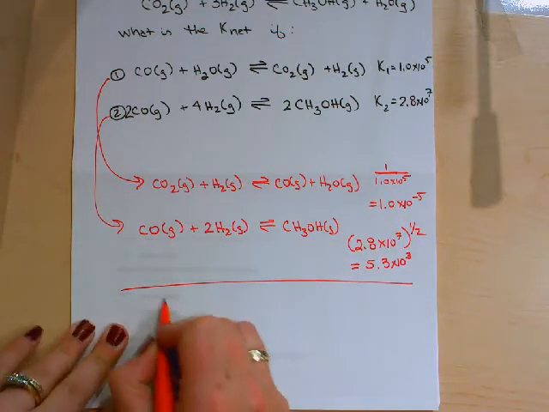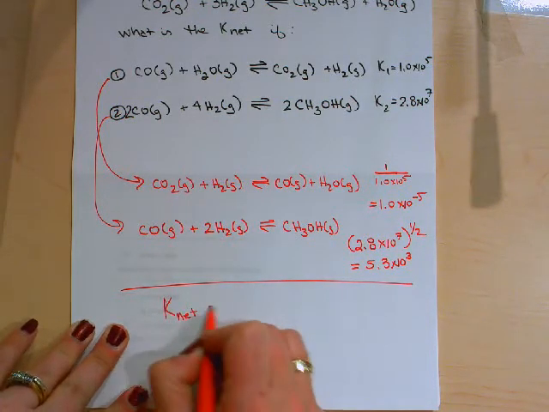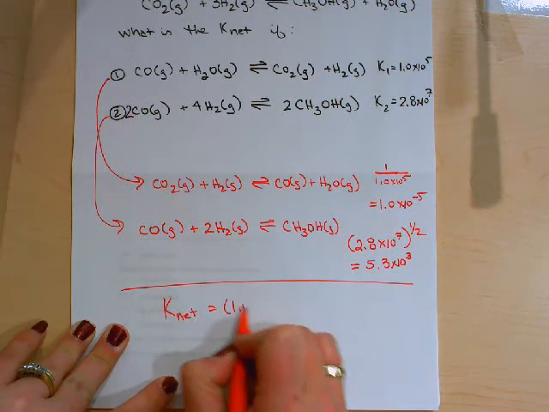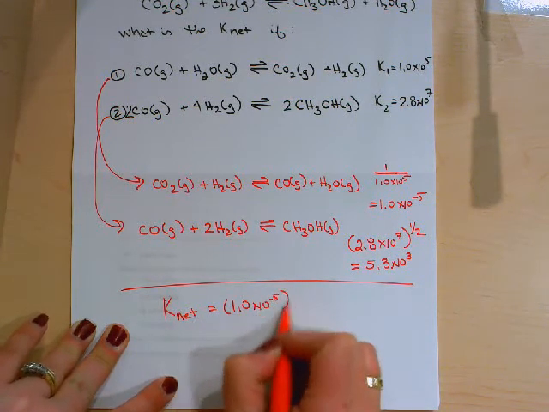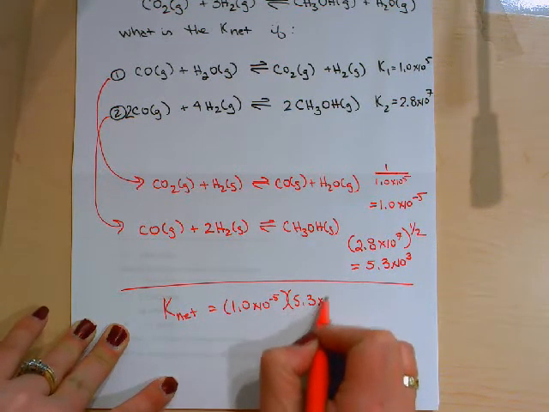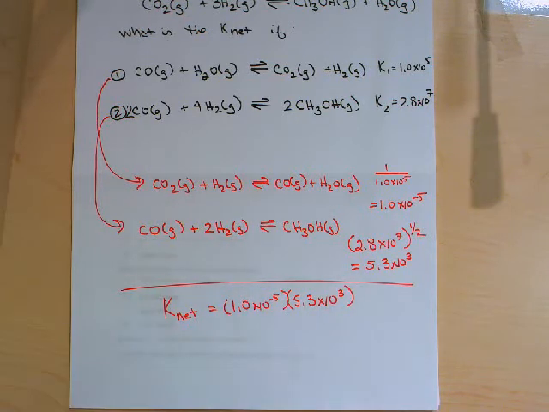So then k net is those 2 multiplied by each other. So that 1.0, -6, 5.3, 2, 3.